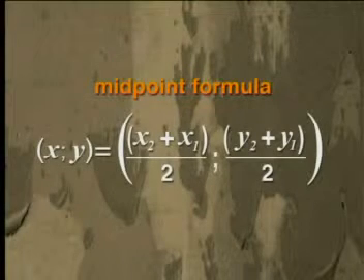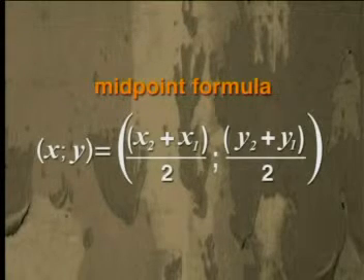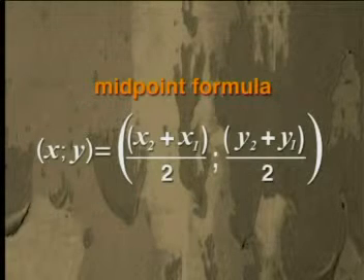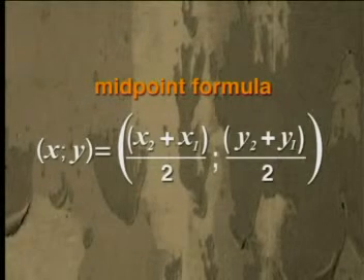Next, the midpoint of a line segment. Remember that the midpoint is found by working out the averages of the coordinates of the 2 endpoints. So you add the 2 x values and halve it to get the x value of the midpoint. Then you add the 2 y values and halve that for the y value of the midpoint.